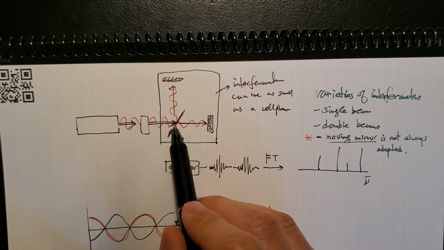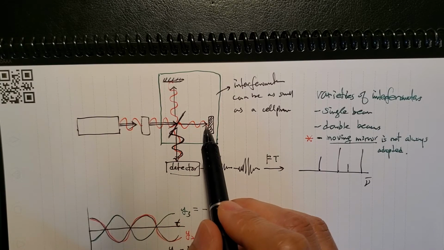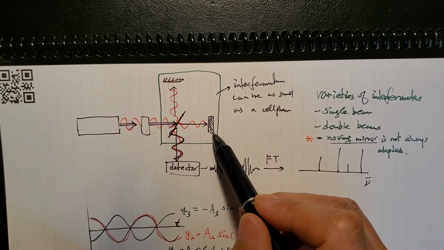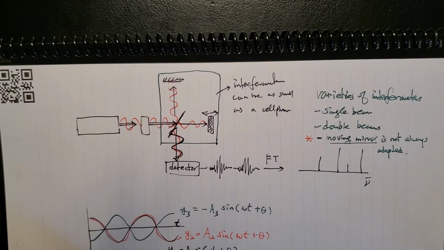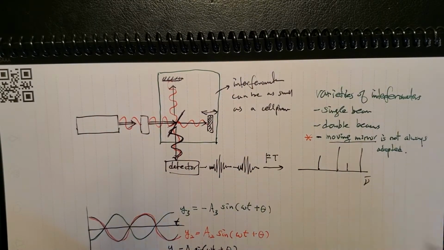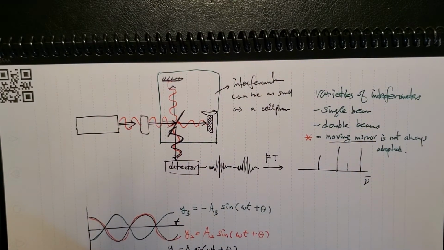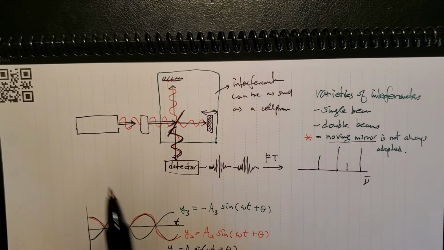So half of the light will be reflected, but the other half will go through. And there you have a third mirror that is actually moving back and forth. It used to move like 10 to 30 centimeters, but these days, like I said, it can be as small, and you don't have to have a moving mirror. So it all really depends.